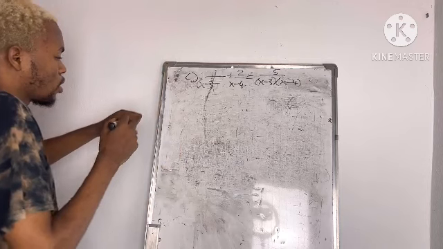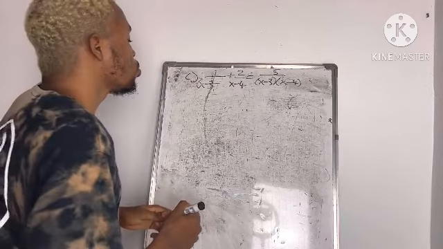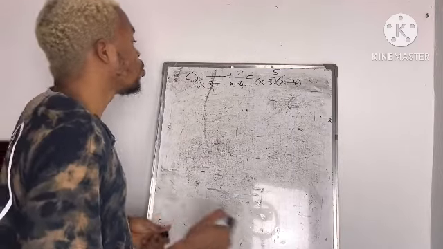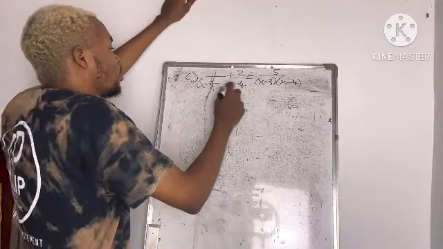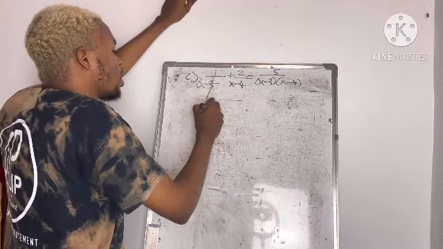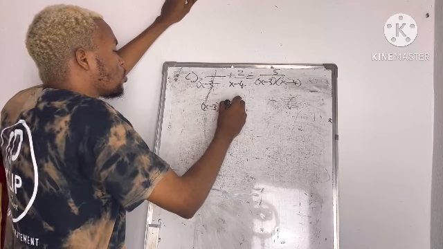So looking at this, the first thing we should do in solving this particular linear equation is look for the LCM. The LCM here is x minus 3 times x minus 4.